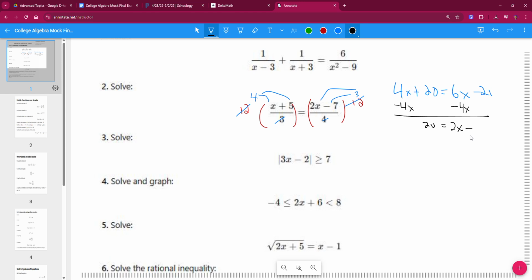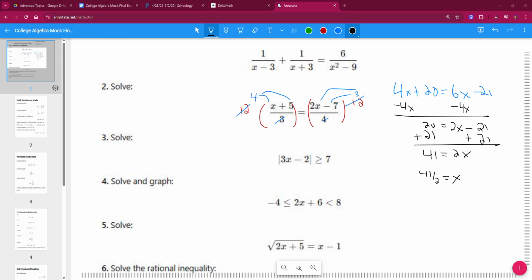just making sure I got the same answer. Minus 21, add 21 to both sides. And that gives me 41 equals 2x, divide by 2 on both sides, and that gives me 41 over 2 equals x.